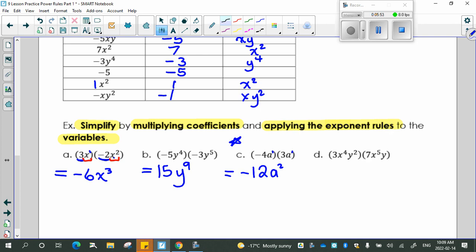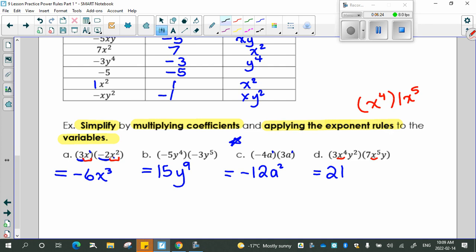Okay, and then the next one looks complicated, but as long as we follow the rule, we'll be okay. So we're going to first multiply the coefficients, 3 times 7. So you multiply the big numbers out front. Multiply, 21. Now we are going to multiply the powers, x to the 4th by x to the 5th. You're just thinking back to when it was nice and easy.